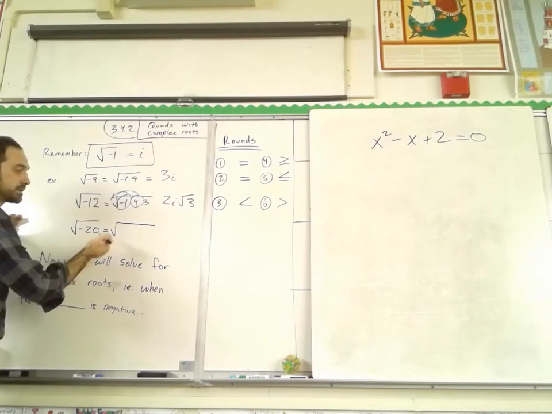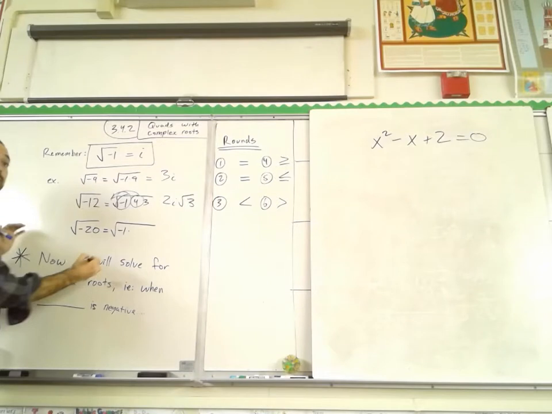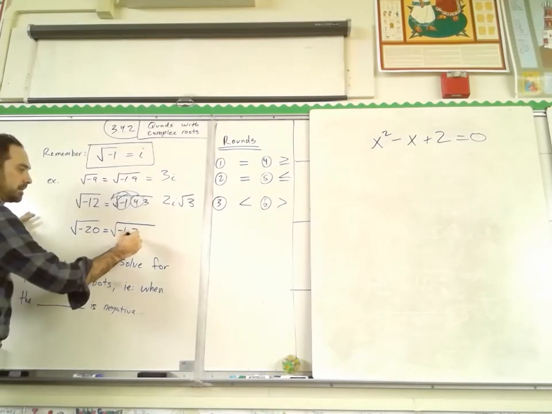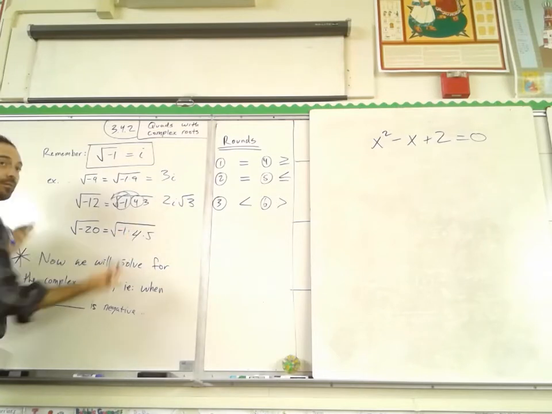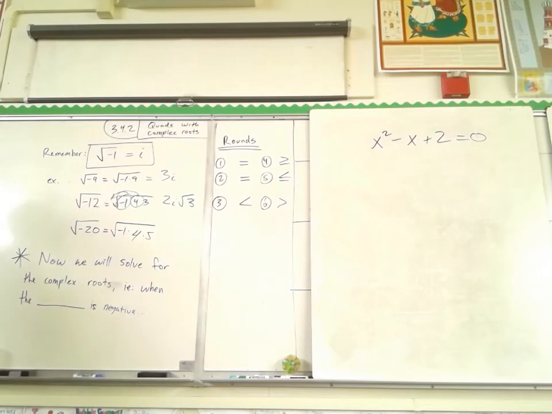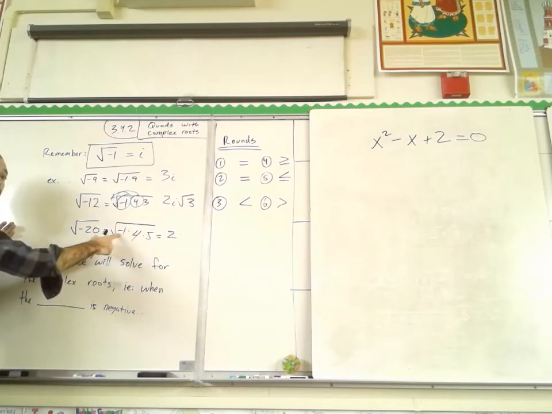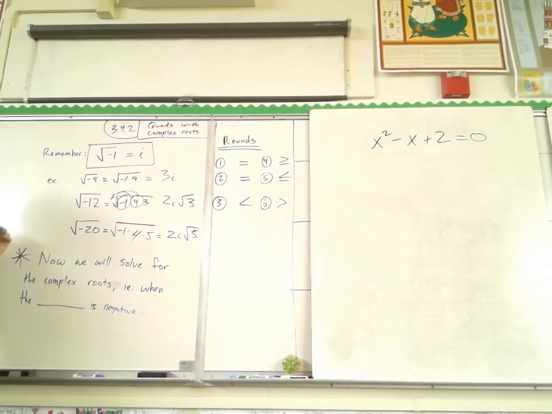Negative 1 times 4 and 5. You're already taking things out. We can square root the 4 and we get 2. Square root of negative 1. What's left over? Raise your hand if you got that. That's almost everyone. Good. Feel okay about this?